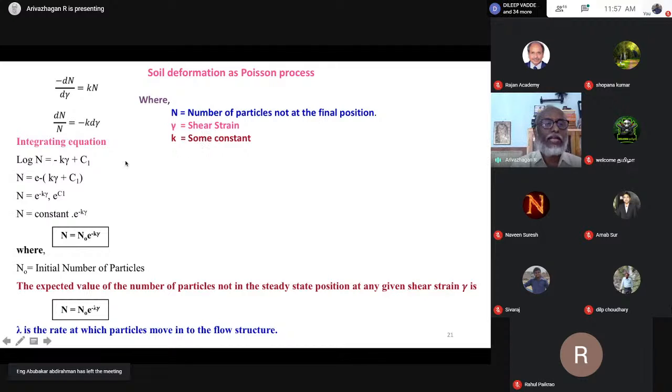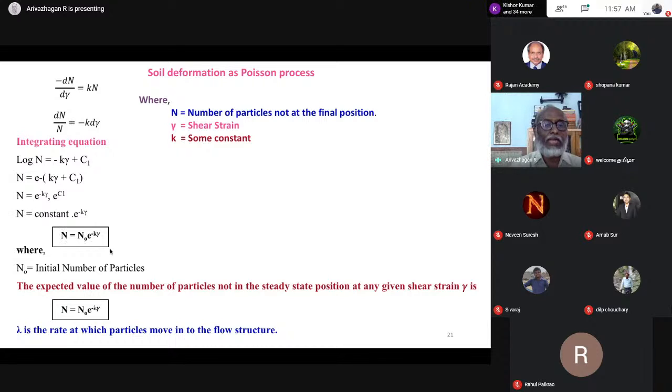This is a constant. Now I'm integrating this equation. I got this equation like this, then n is equal to this, a simple simplification. I can get n is equal to n naught e to the power of minus k gamma. N naught is the initial number of particles, and n is the number of particles at the particular instant during the process.